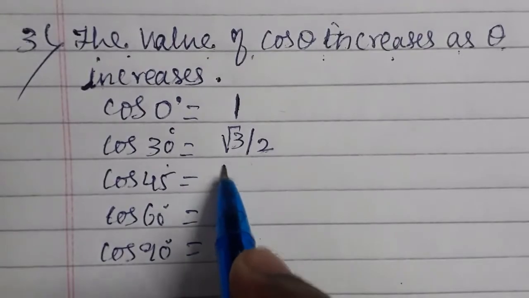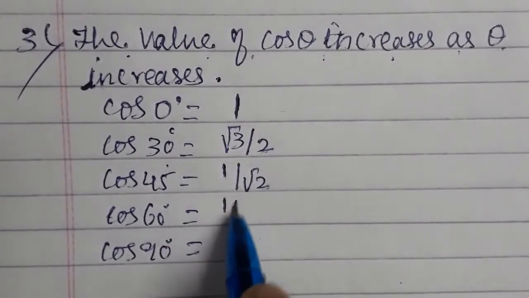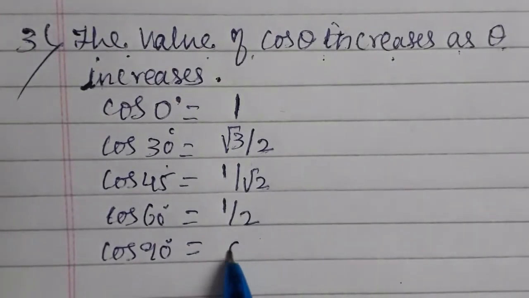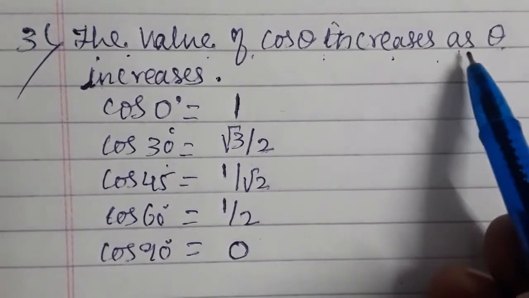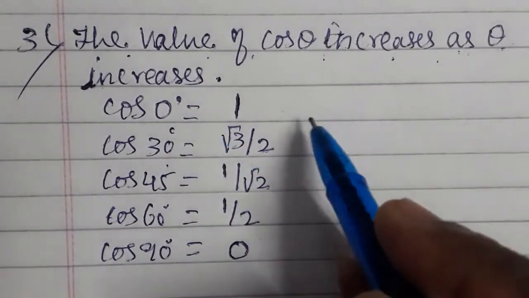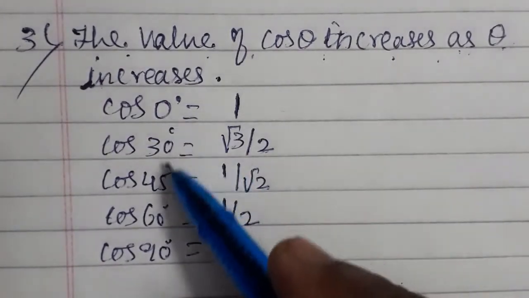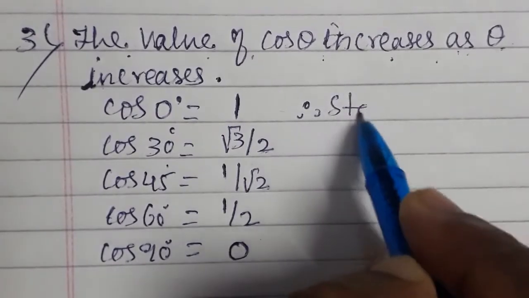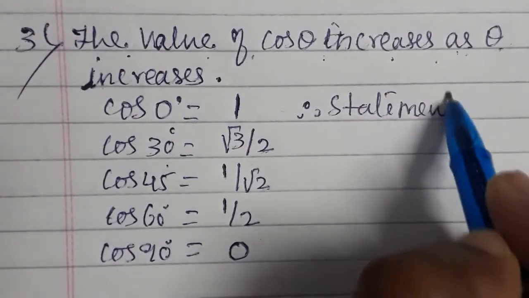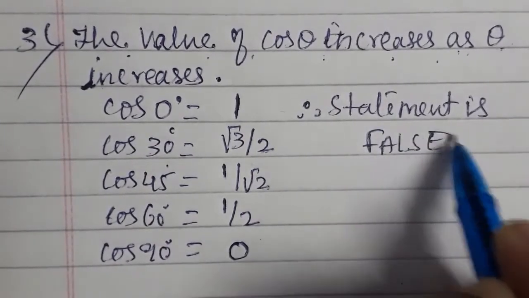Cos 45 is 1 by root 2. Cos 60 is 1 by 2. Cos 90 is 0. Now you can see cos theta is decreasing as theta increases. As the angle is increasing, the value is decreasing. Therefore, the statement is false.